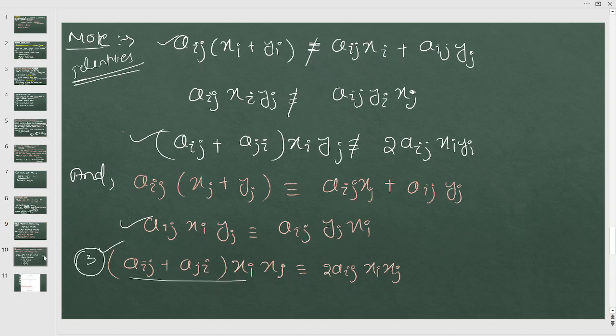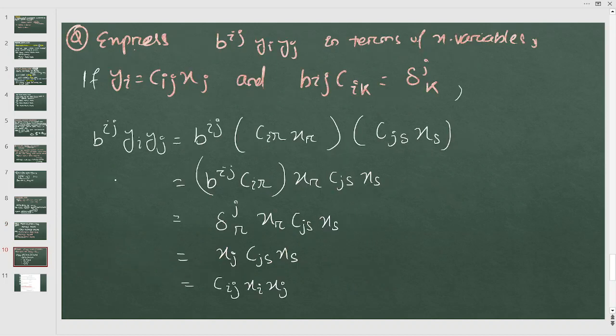Next, I have a problem for you: express bij yi yj in terms of x variables if yi is equal to cij xj and bij cik is equal to delta jk. You have to write it in terms of x variables. For this I have taken yi is equal to cij xj and bij cik is equal to delta jk.